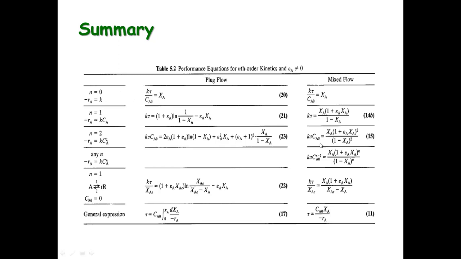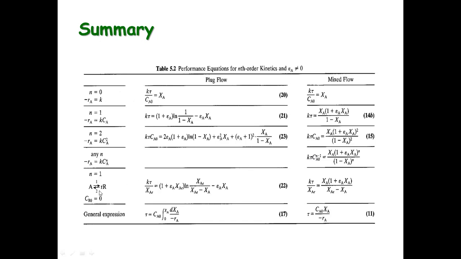Now for mixed flow, you also have it here. And for any nth order reaction, since mixed flow reactors do not have any integration, you have this as your ready-made formula. So whether your n is positive or negative, a whole number or not, this one will be working for you for your mixed flow reactor.